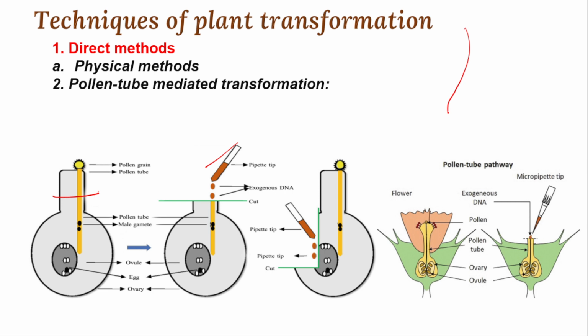If you take the female reproductive part, the gynecium, this is called the stigma, this is called the style, and this is called the ovary.